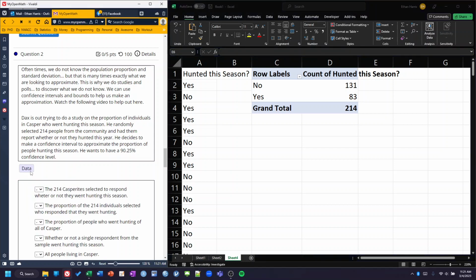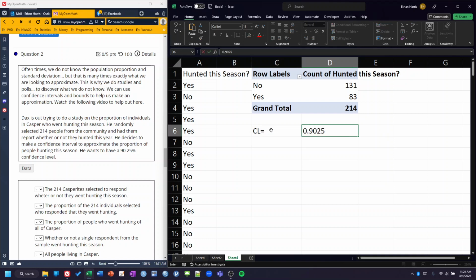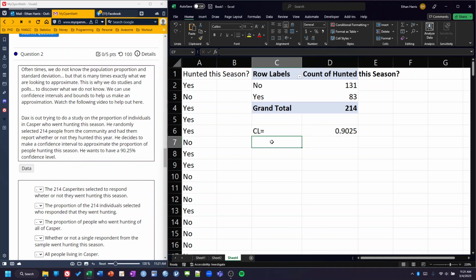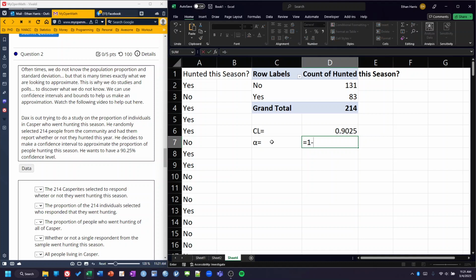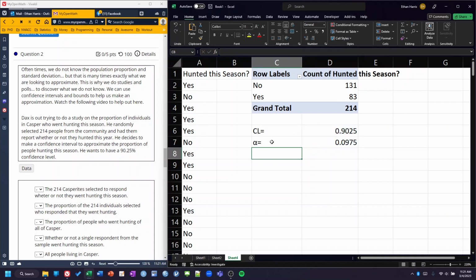Okay, so now that we have this in here, since we're right here, let's do our confidence level, and that is going to be equal to 0.9025 for 90.25% confidence, which means that our alpha level is going to be equal to, remember, the complement of the confidence level, or 1 minus confidence level.